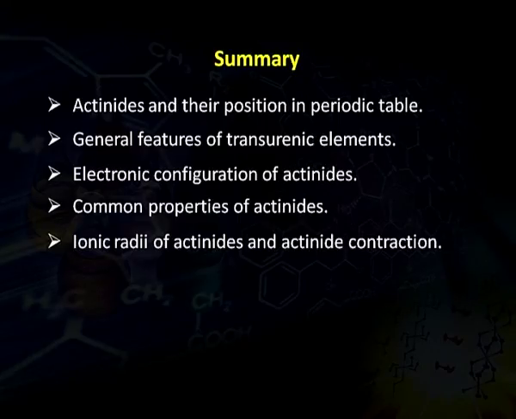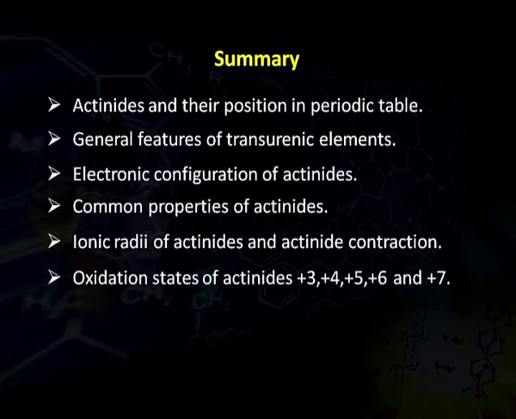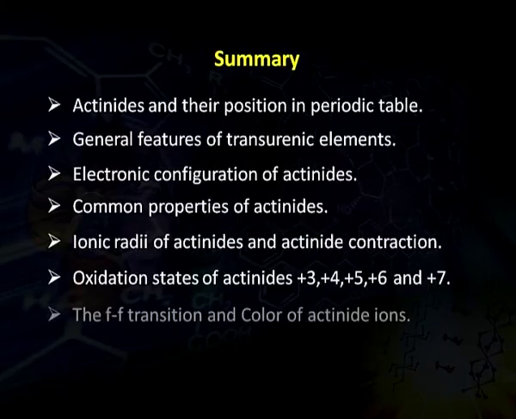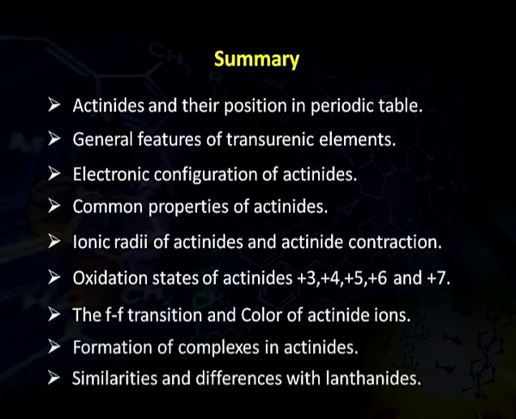So, we discussed the actinide contraction and the reason why it takes place. We have seen the various oxidation states of actinides, starting from +3, +4, +5, +6 and +7. We have discussed in detail the ff transition, and how the ff transition is responsible for the development of color in the actinide ions.